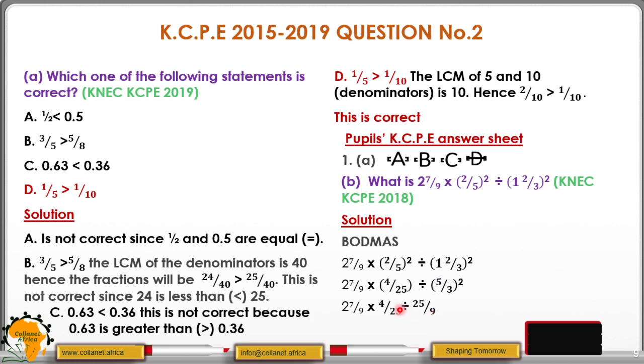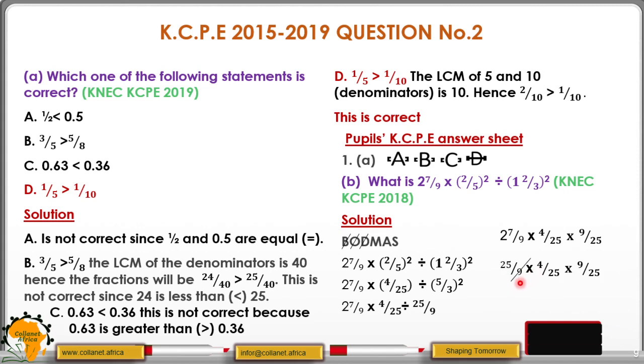Then the division here, you need to change the sign, and by doing so you get the reciprocal of this fraction, so it becomes 9/25. After that, you now do the multiplication.